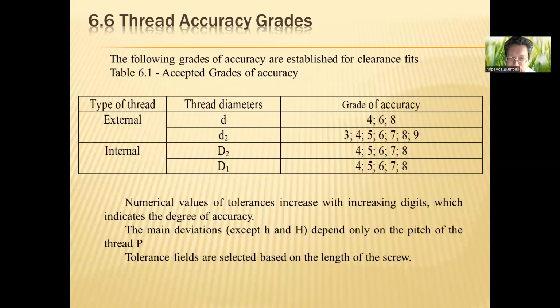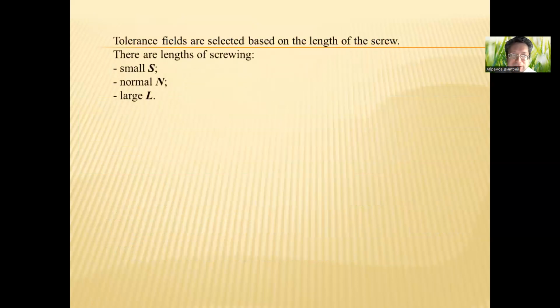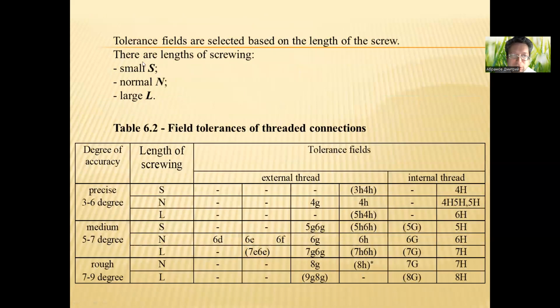The main deviations, except small h and big H, depend only on the pitch of the thread P. Tolerance fields are selected based on the length of screwing. There are lengths of screwing: small S, normal N, and large L.